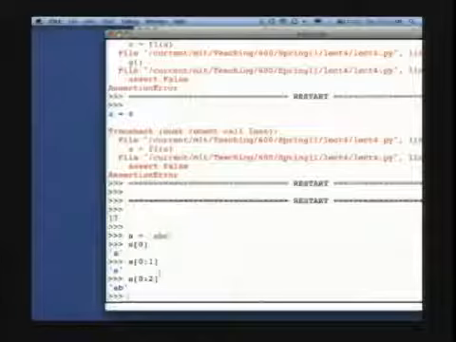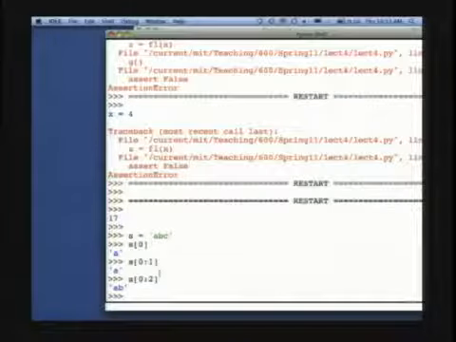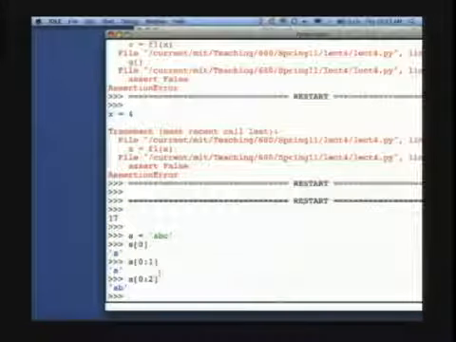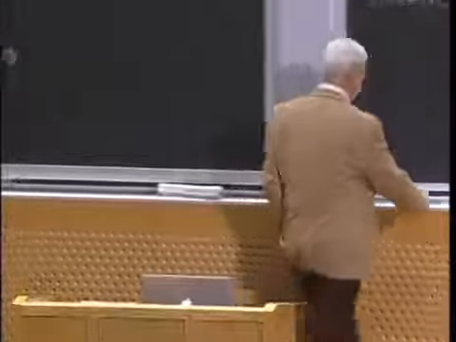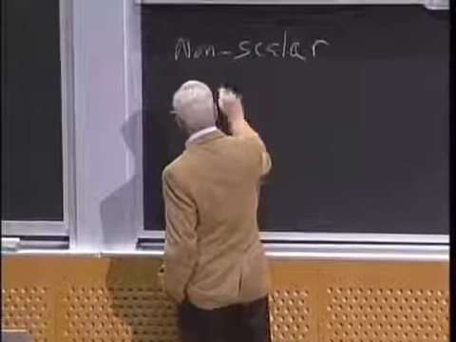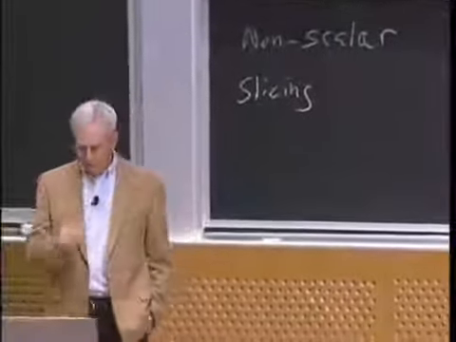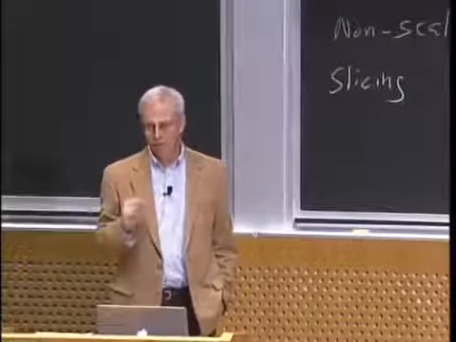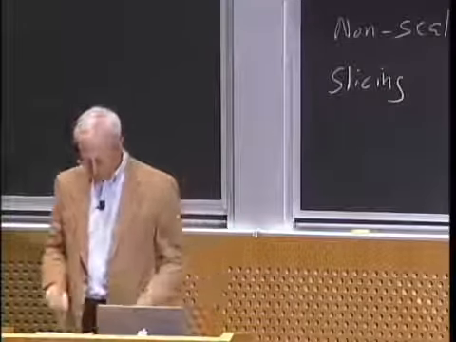So that's why s from 0 to 1 gives me only one character, but s from 0 to 2 gives me the character string AB. This is what's called slicing. And it's very common. What a slice does is it makes a new copy, makes a new object, in this case, which is a substring of the original string.